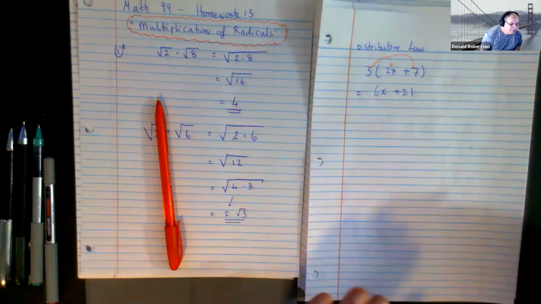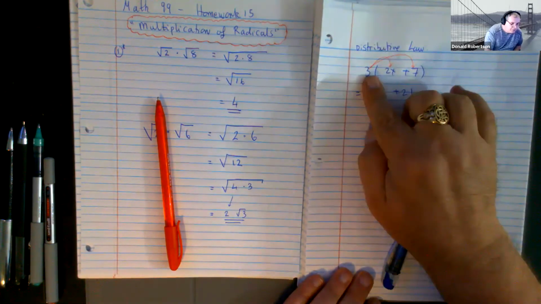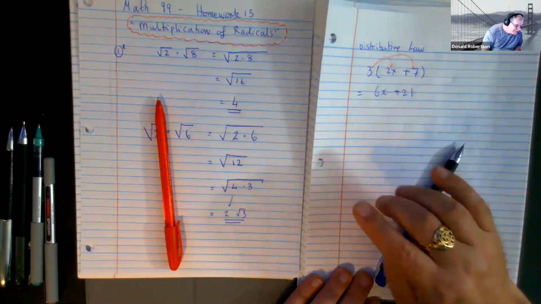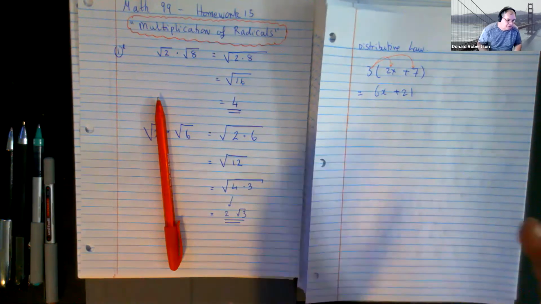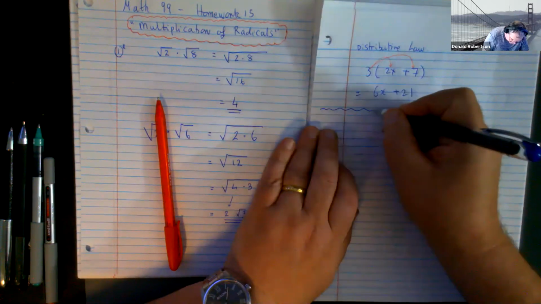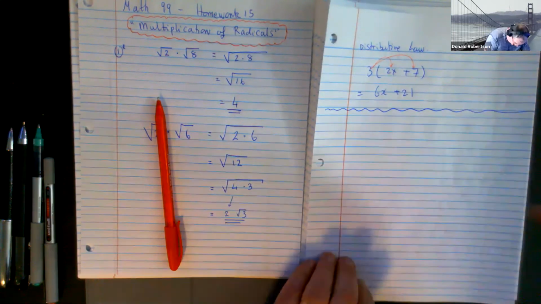Can you remember doing that algebra process where you take something and some brackets and you multiply them? You probably did it before you did FOIL. FOIL's just a bigger, uglier version of the same essential process. Well, we are going to use the distributive law with square roots.